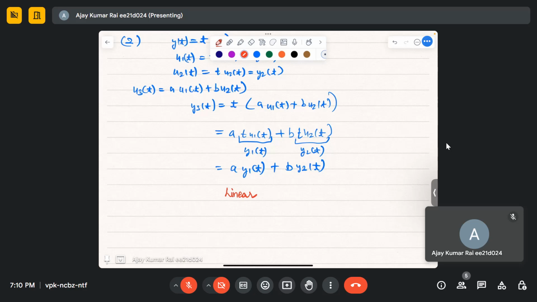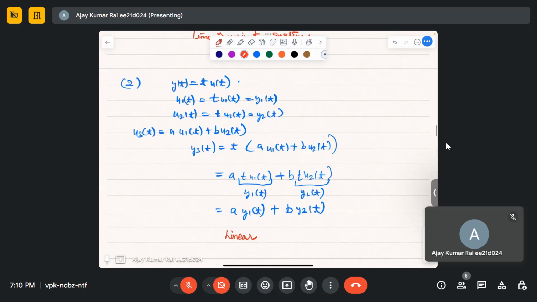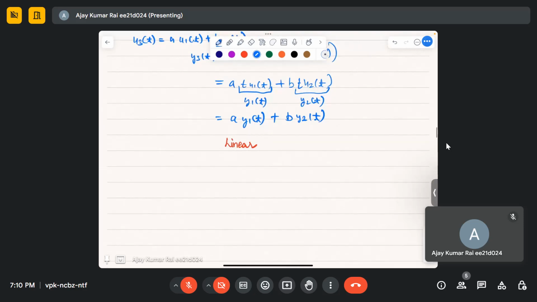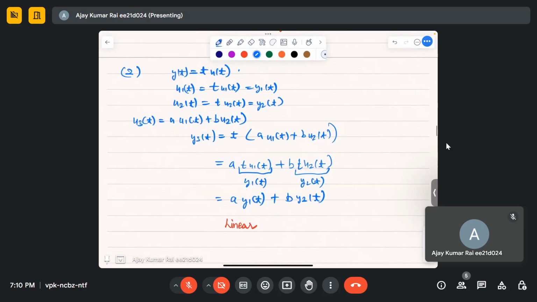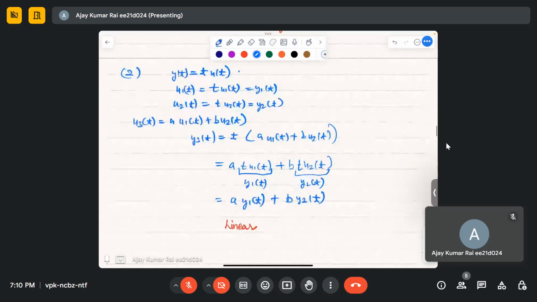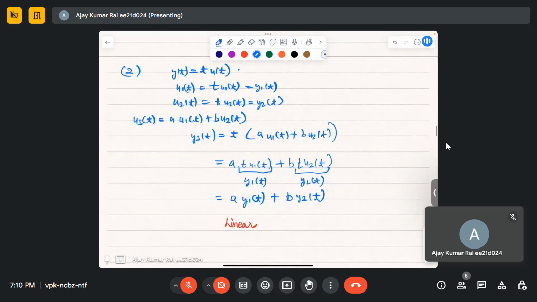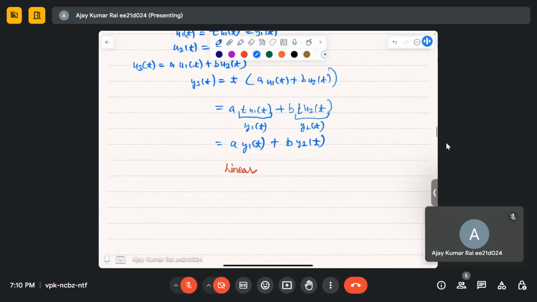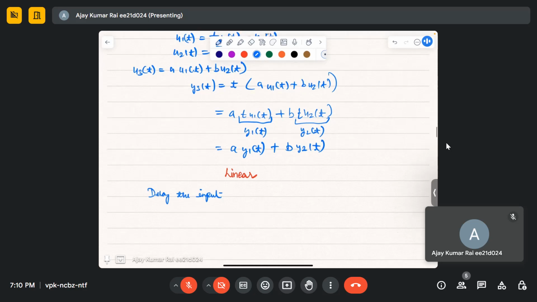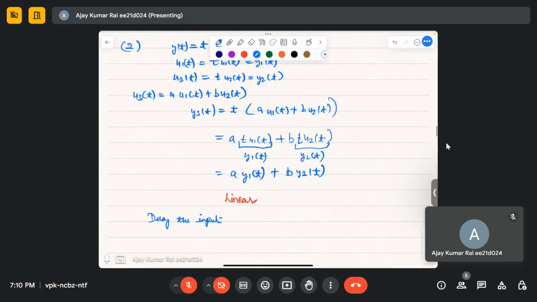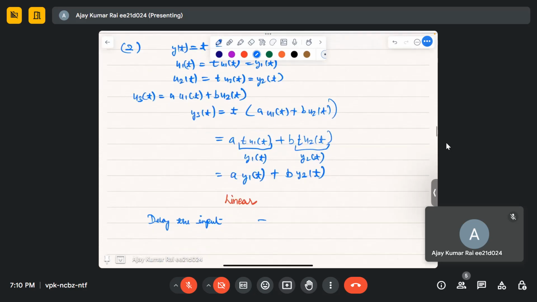So let's check whether it's time invariant or not. Let me just delay the input. First delay the input. If I delay the input, what will I get? y1 of t minus t naught. I'm just delaying the input, right?